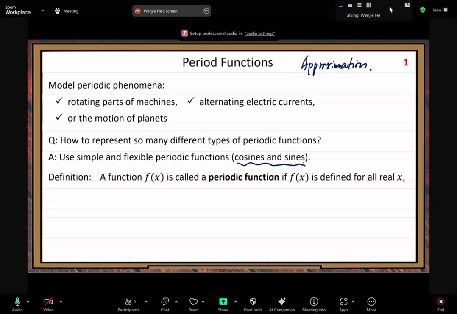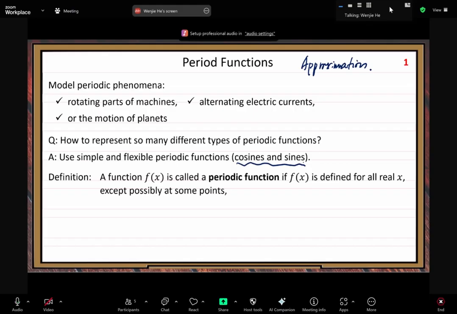The domain of the function is the whole real axis, except possibly at some points. If there are some special points, scattered, isolated points, here is the meaning.